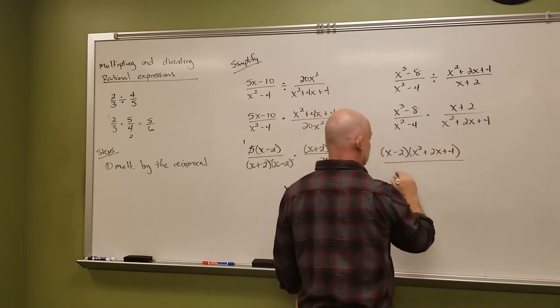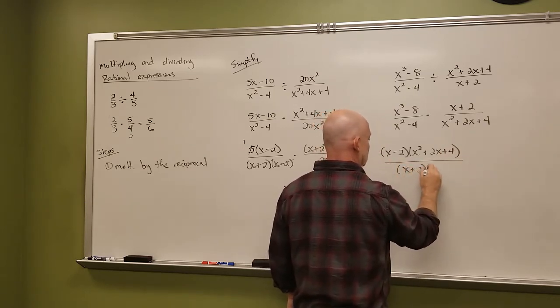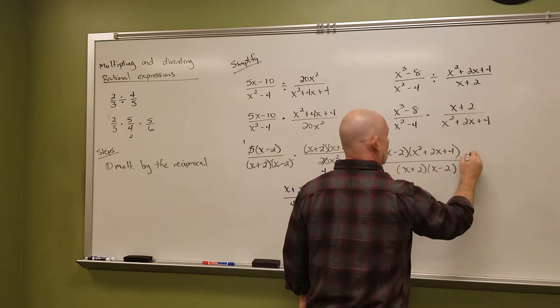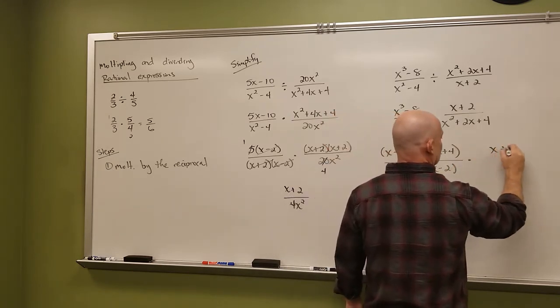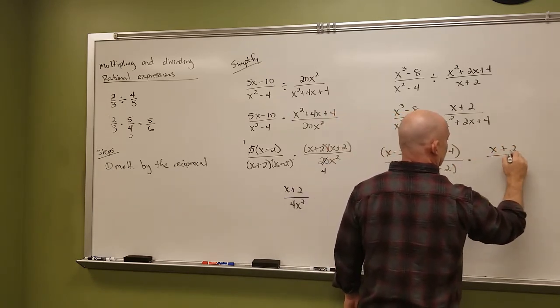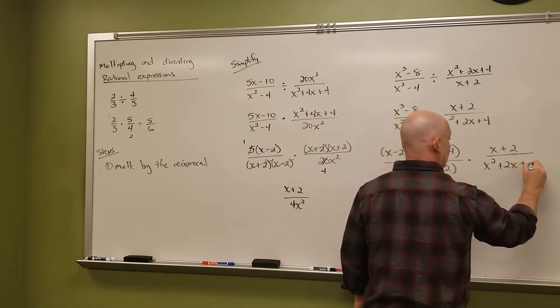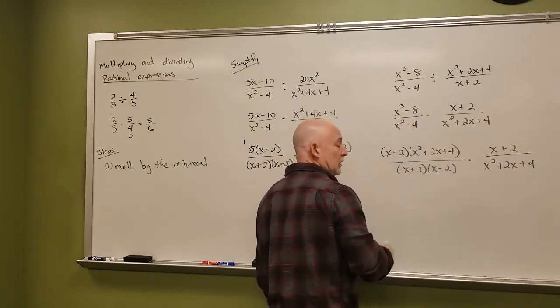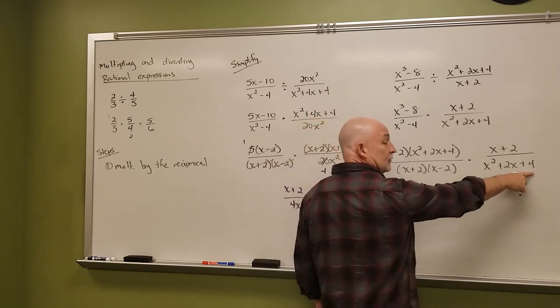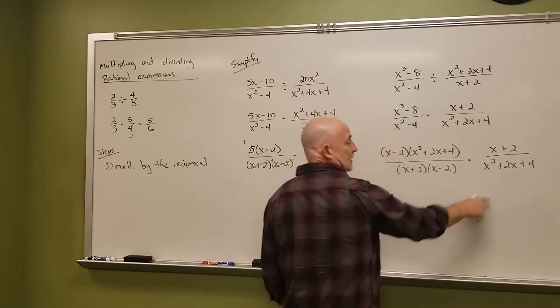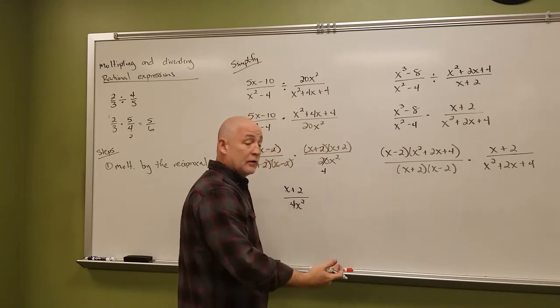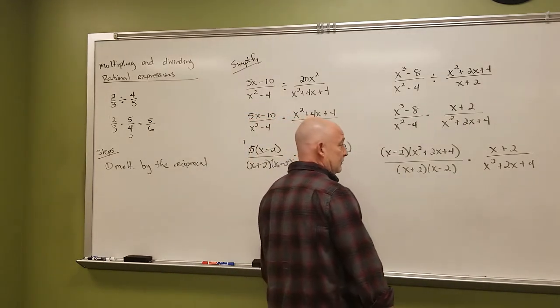Below it is the difference of squares, factors to x plus 2, x minus 2. Now over here, we can't really do anything with x plus 2, so let's leave it alone. You can put that in parentheses if you like. And x squared plus 2x plus 4, we would do our AC method and we could do the shortcut. We're looking for two things that multiply to give me 4 but add up to be 2. Well, nothing fits, so that's it.